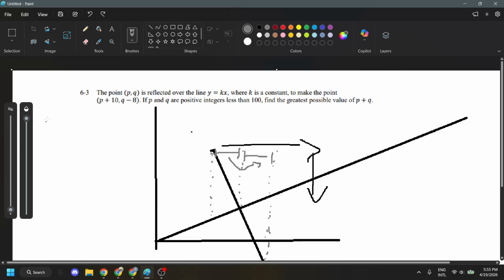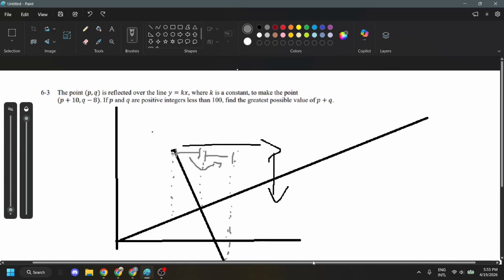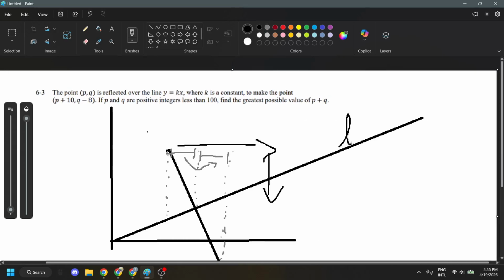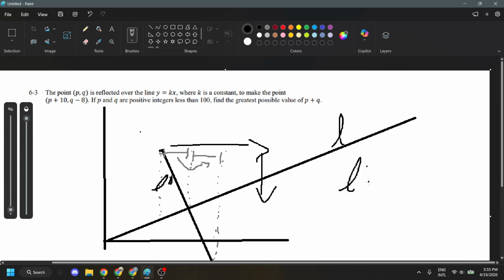Well, we could use point slope form and use the inverse slope. So if this line is line L, we can get line L prime. I'm gonna get the drawing pad. Okay.